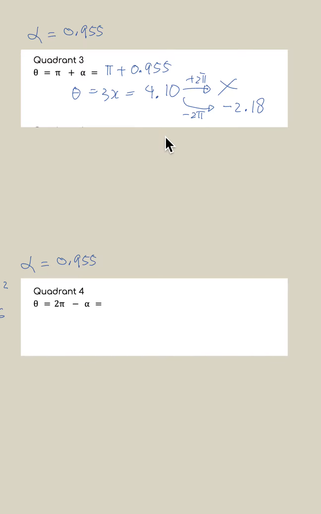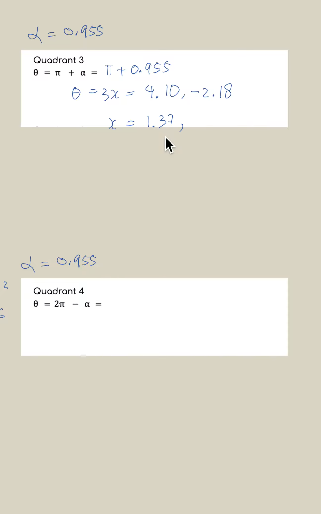We have two values of theta, which is 3x: 4.10 and negative 2.18. Is that the answer? No. We must find x. 4.10 divided by 3, you're going to get 1.37.